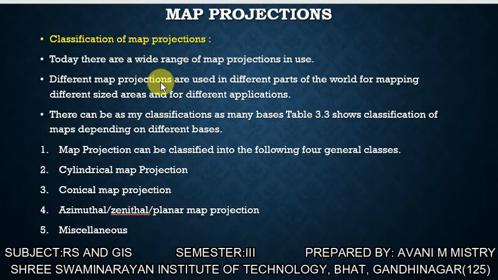Table 3.3 shows the classification of maps depending on the different bases. Map projections can be classified into the following four general classes: cylindrical map projection, conical map projection, azimuthal and zenithal or planar map projection, and miscellaneous.